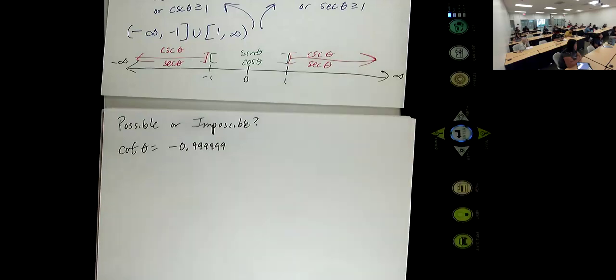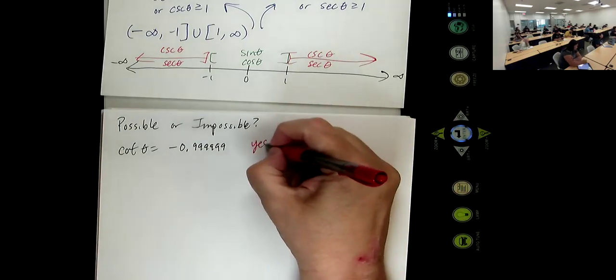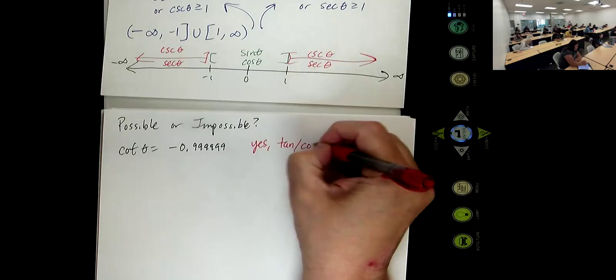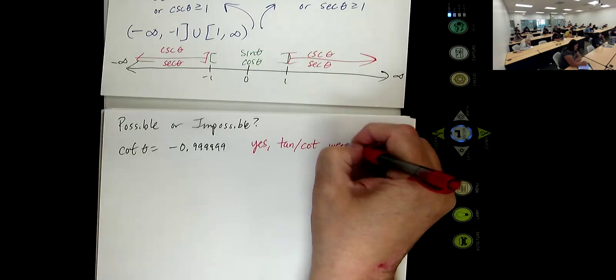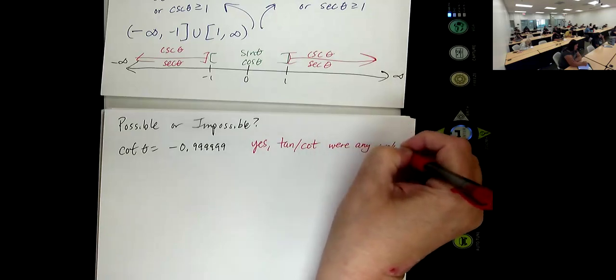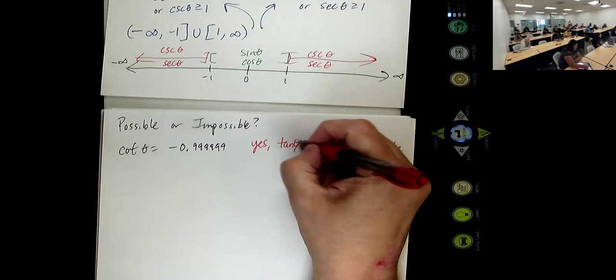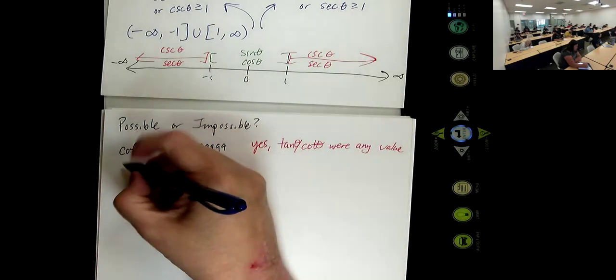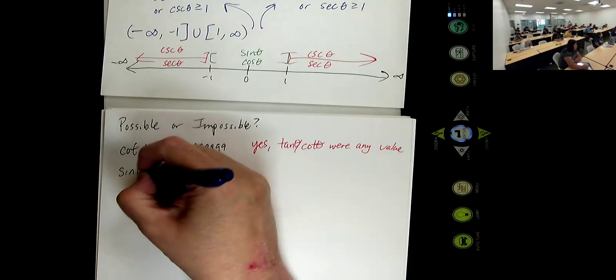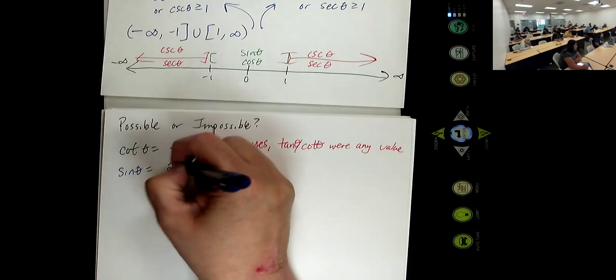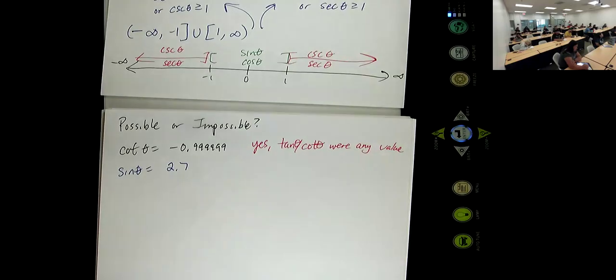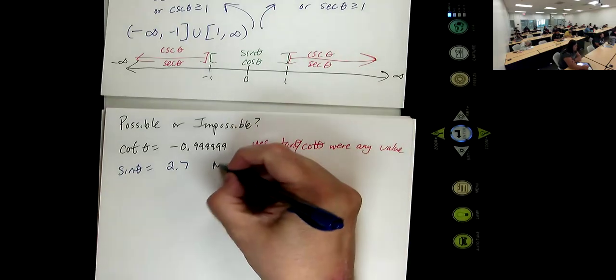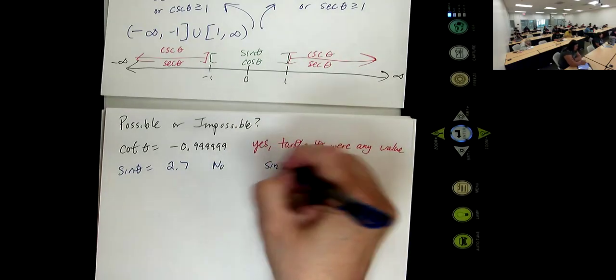Yeah, tangent and cotangent could be anything. And sine of theta equal 2.7? No. Sine theta was between -1 and 1.